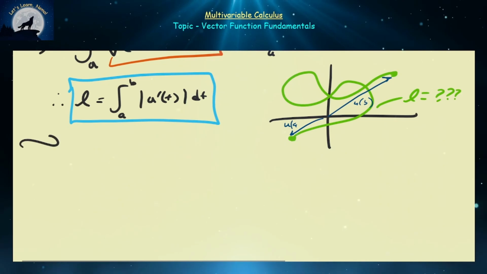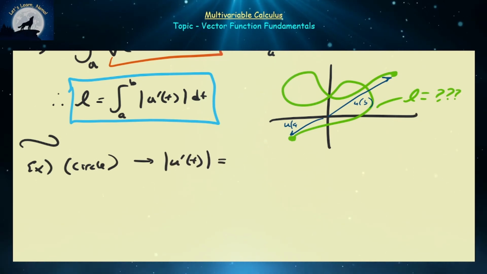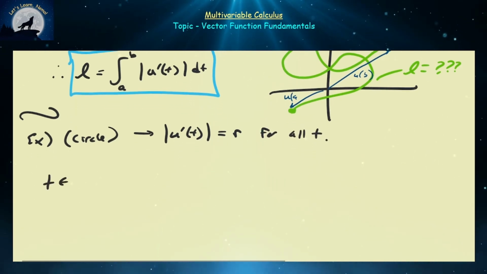As a very basic trivial example, of course, I'm going to use a circle. Remember, the norm of u prime of t for a circle of radius r was equal to r, true for all t. Let's assume that t belongs to the interval 0 to 2 pi, so you only traverse the circle once.